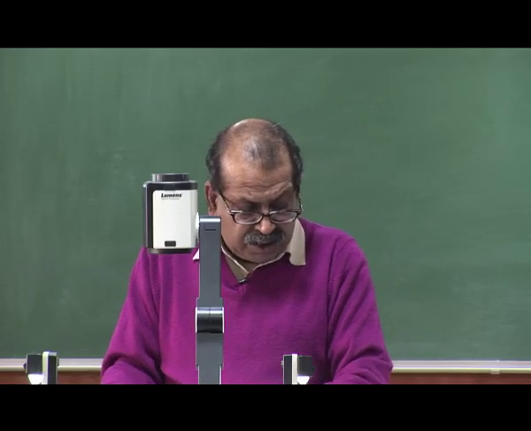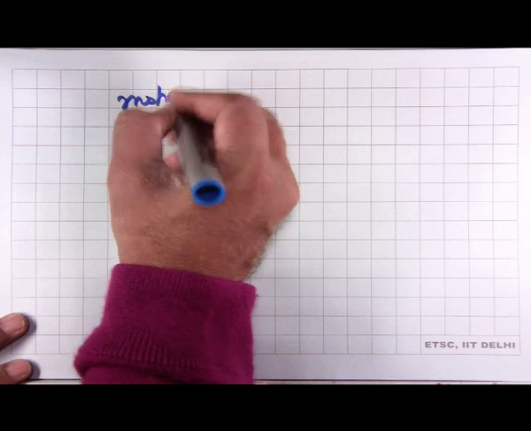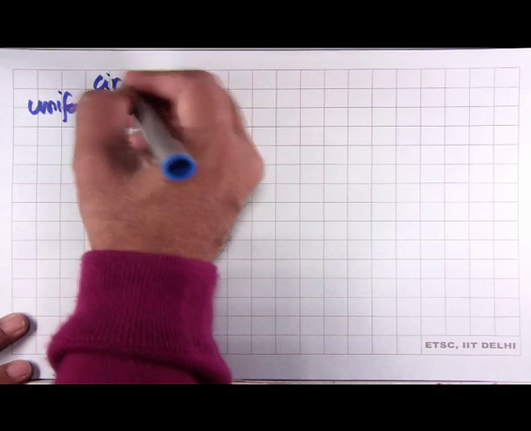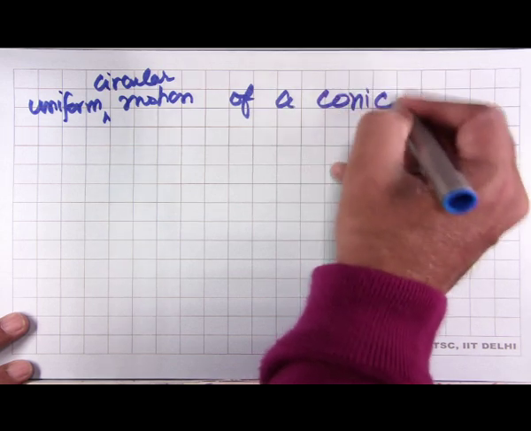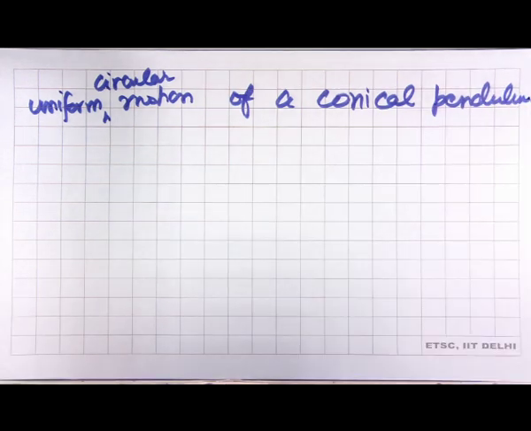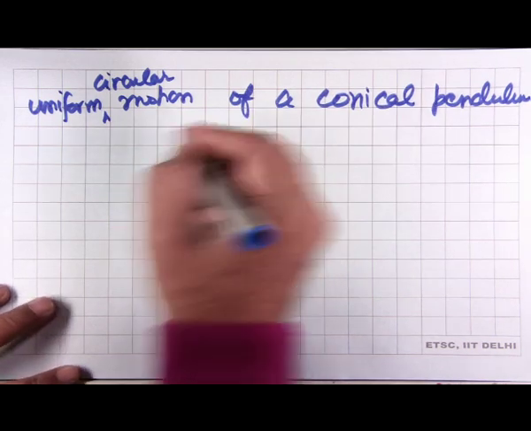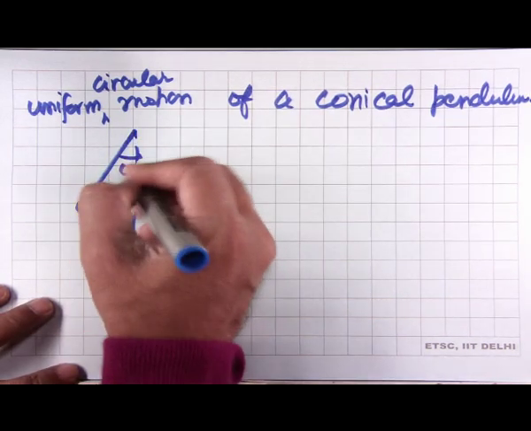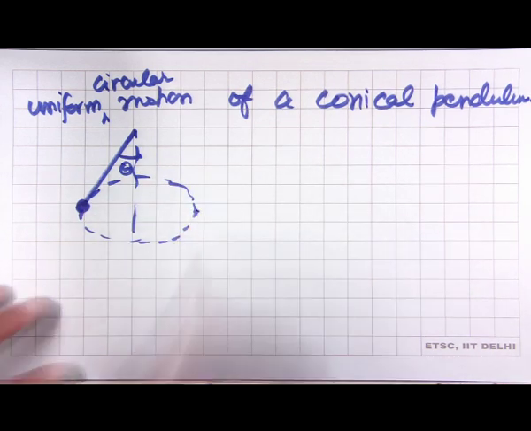So, let us see the uniform circular motion of a conical pendulum, and let us try to analyze this dynamically. As shown in the figure, this is a pendulum at an angle theta, traversing a circular path.